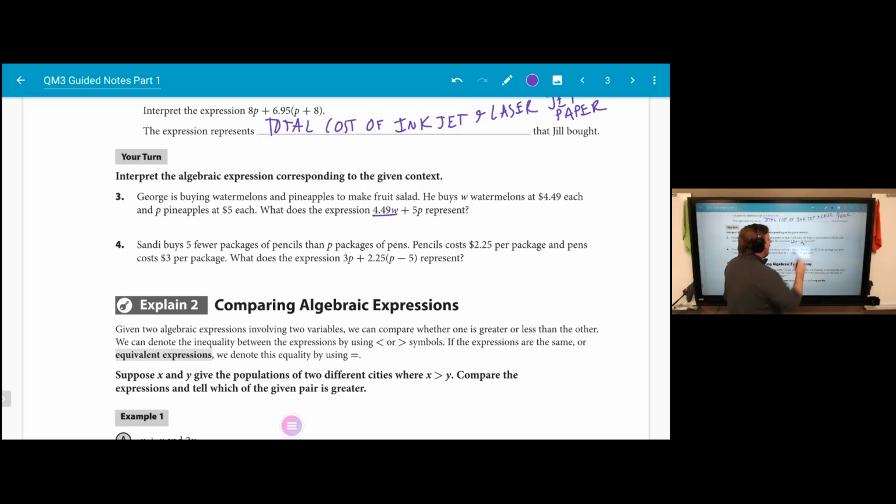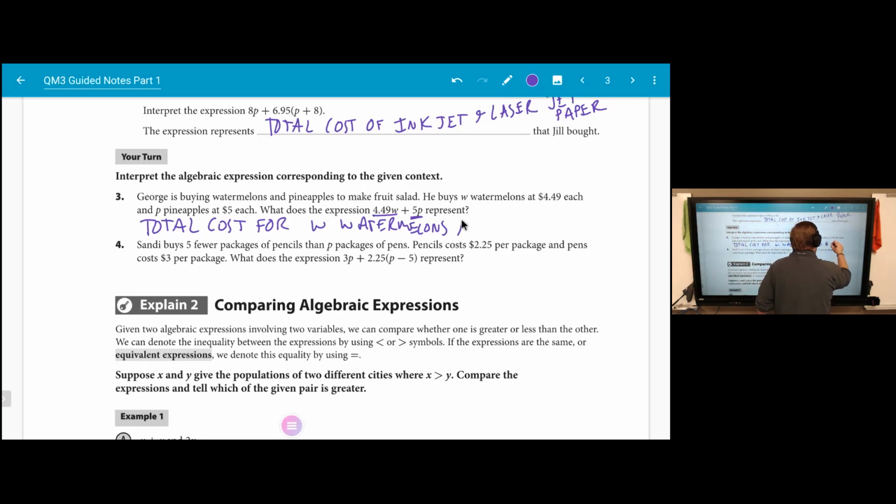So this 5P represents the total cost for pineapples. So in other words, if I add it together, it's the total cost for W watermelons and P pineapples.